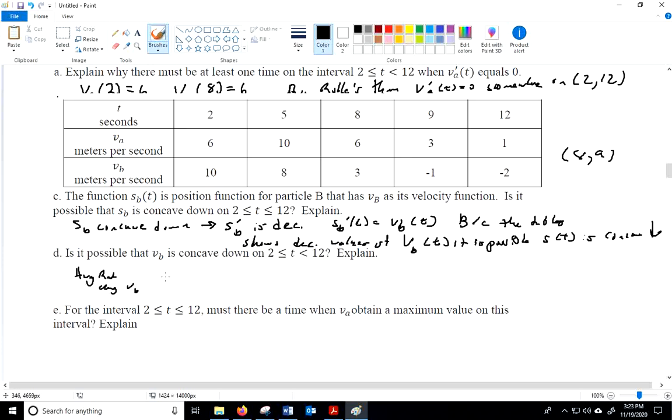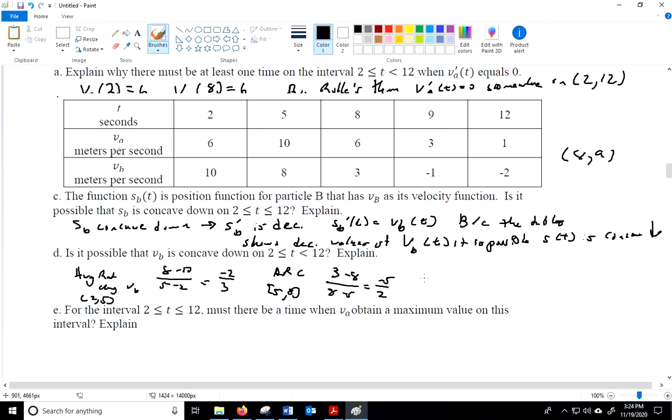of V sub B. Let's do it from 2 to 5. That would be 8 minus 10 over 5 minus 2, that is negative 2 over 3. Let's do the average rate of change on the next interval, 5 to 8. That would be 3 minus 8 over 8 minus 5, that's negative 5 over 3.